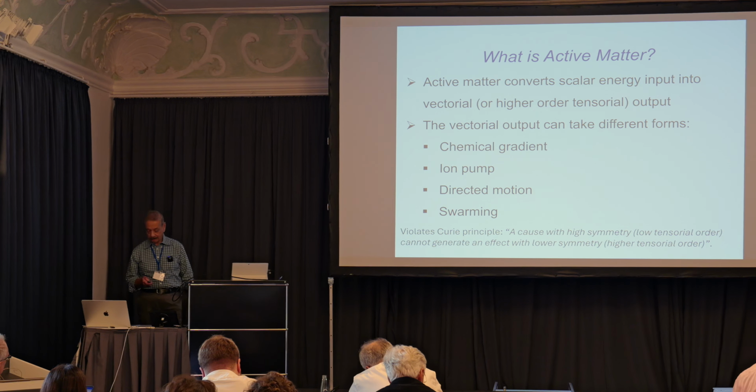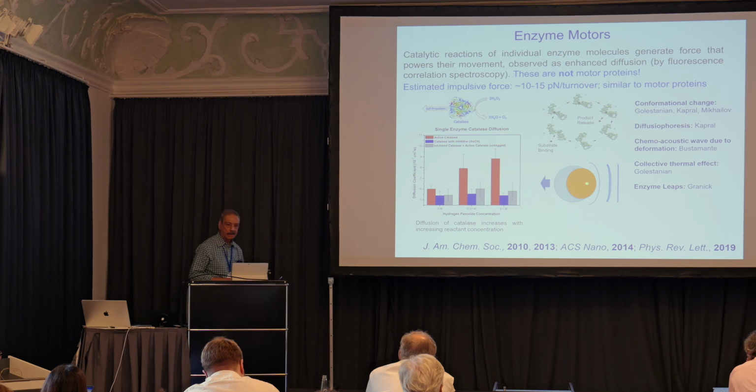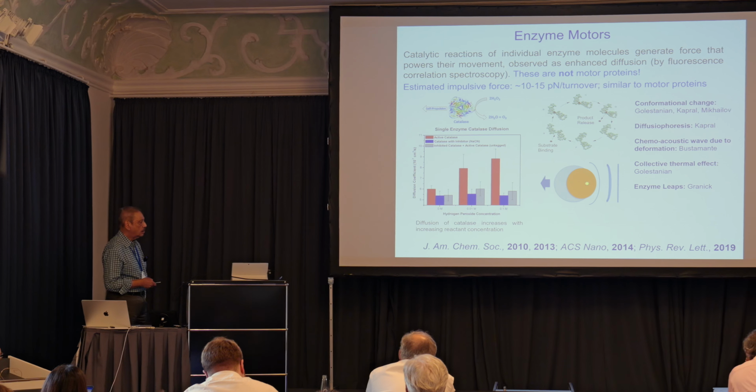And the starting point are enzymes, which are, of course, the master catalyst. One of the things that we observed early on was that when enzymes catalyze reactions, they generate a propulsive force which causes them to enhance their diffusion.